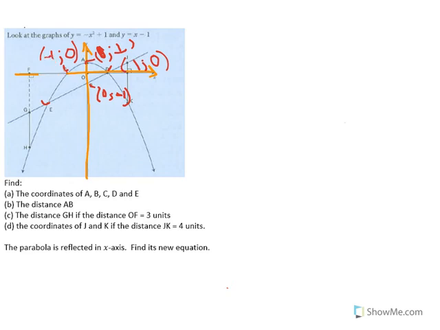So if you look at an input over here, for example, the parabola is producing an output that's over there. Meanwhile, the straight line is producing an output that's over there. Or if you look at an input over here, the parabola is producing an output that's there. Meanwhile, the straight line is producing an output that's over there.